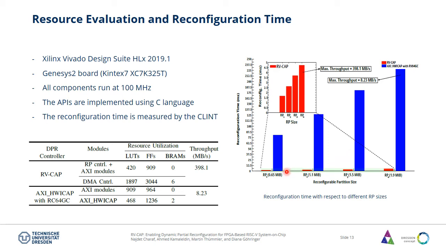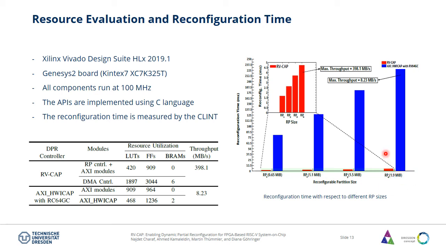The figure on the right shows us the graphical difference between the RVCap controller with the DMA and the HWICAP IP from Xilinx. We can also see the difference for different RP sizes, which also generate different partial bitstream sizes, from almost half a megabyte up to 2 megabytes.